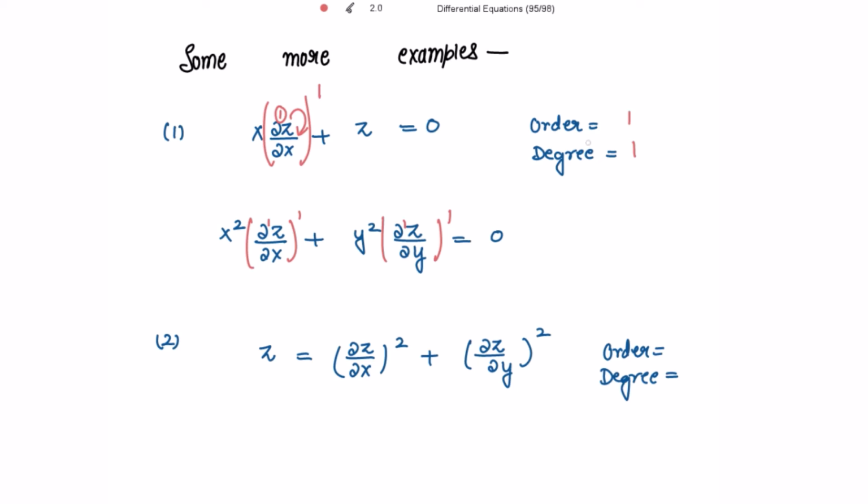So here also order and degree is 1, 1. So for both these equations, order and degree is same. Next, in the second equation, we are having the order to be 1. And what is the degree? This term is having the power 2, this term is having the power 2, the same. So the degree is 2.